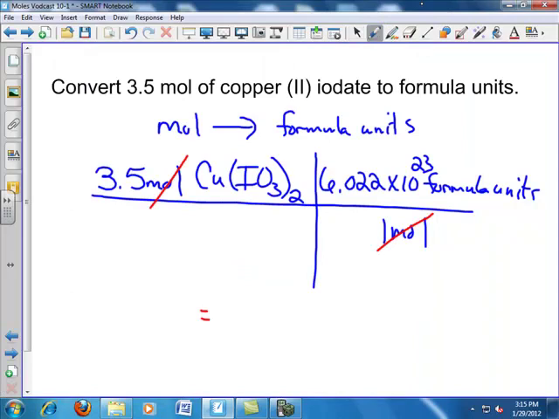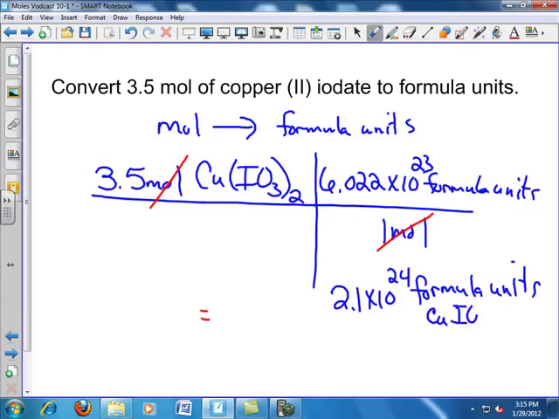So this answer comes out to be 2.1 times 10 to the 24th formula units of Cu(IO3)2.